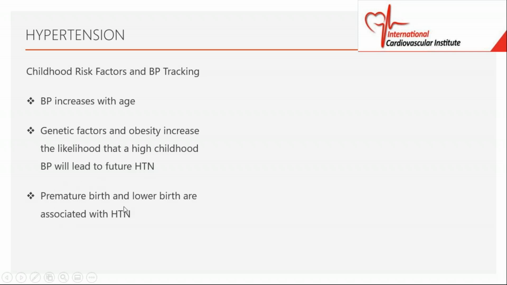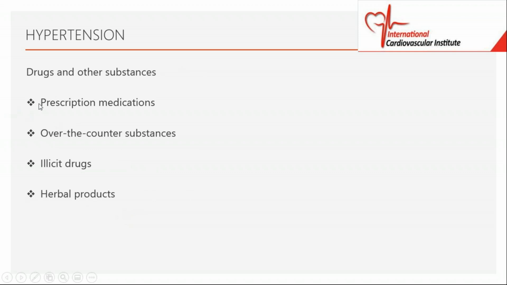Premature babies and babies with lower birth weight is associated with later hypertension. So this is a very important association: premature birth and lower birth weight babies. So as we said, there are other environmental factors that can give rise to hypertension.